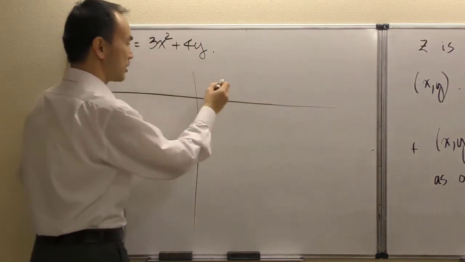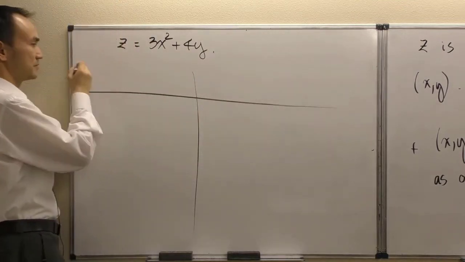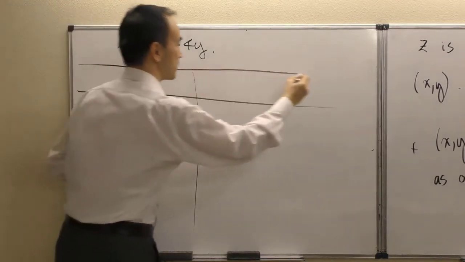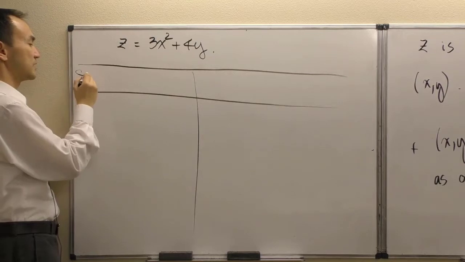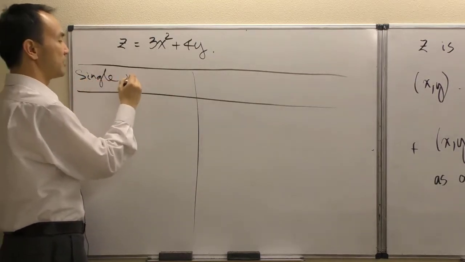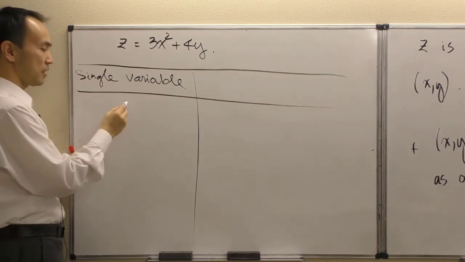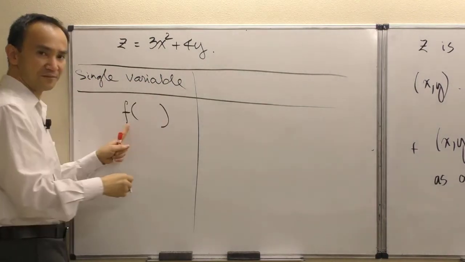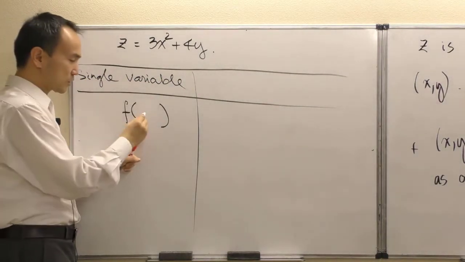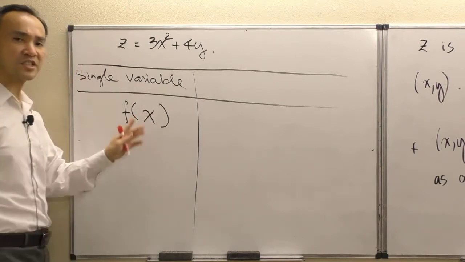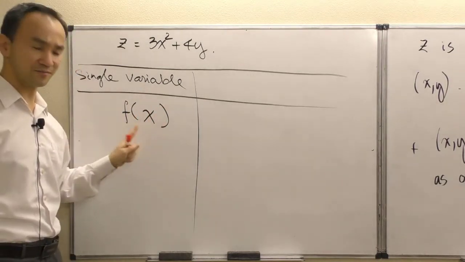Back in the old days, when we're looking at a single variable, yes, we use the notation f of x in parentheses, and so we assign a rule with a name.